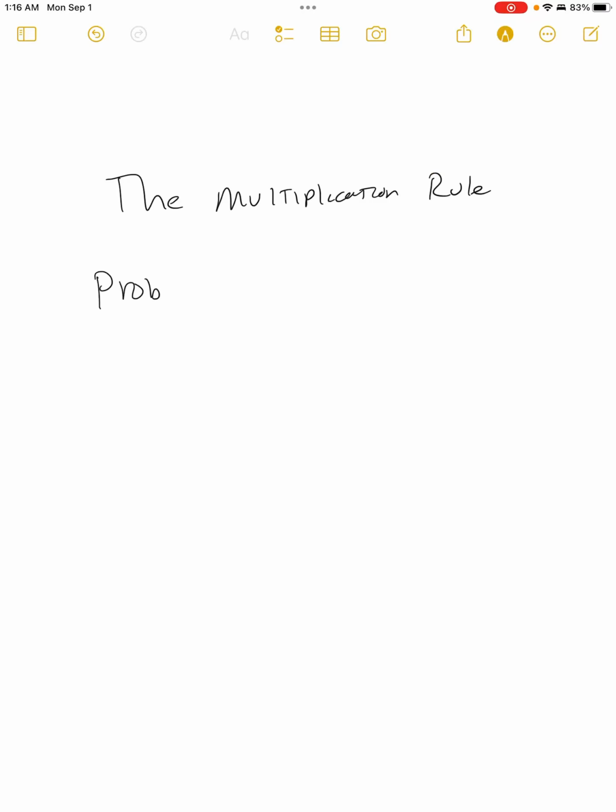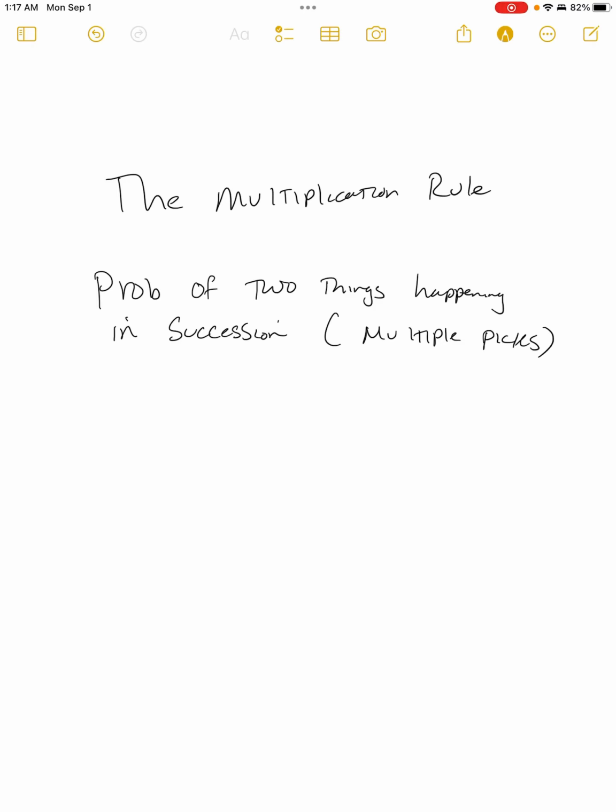This is the probability of two things happening in succession. So what you'll notice is that there are multiple picks. And I think our book isolates it to just two, but we'll see if that's different. But it's the probability that two things happen in succession.